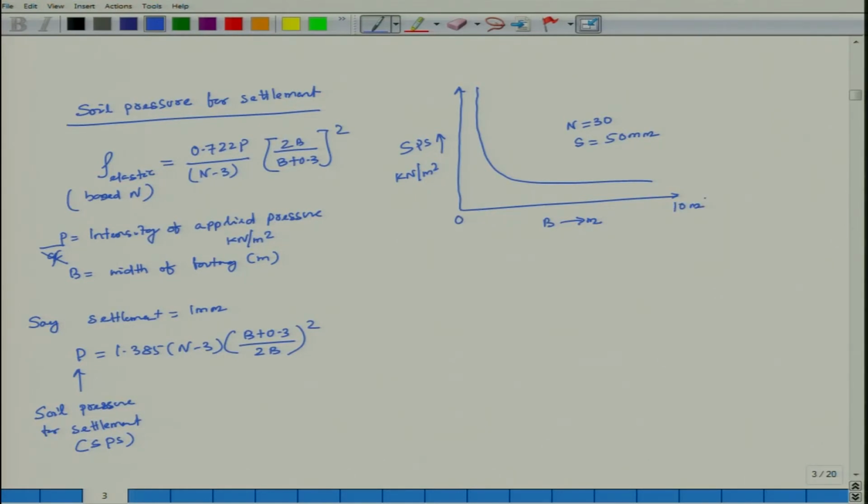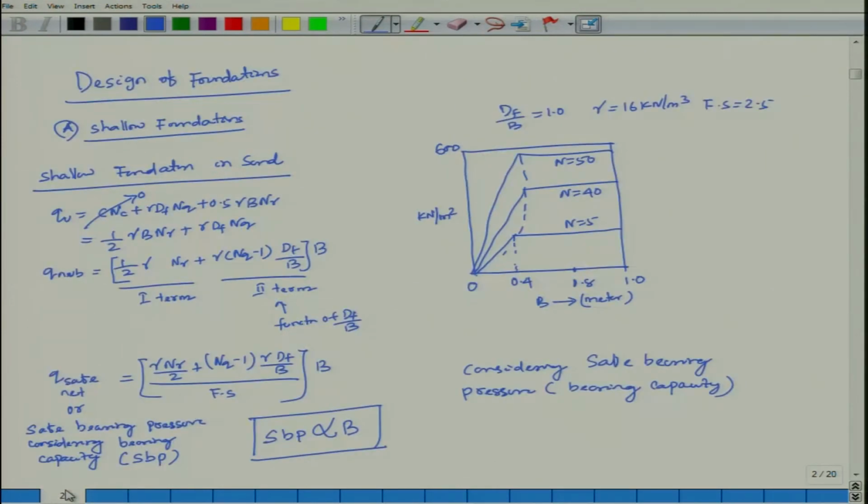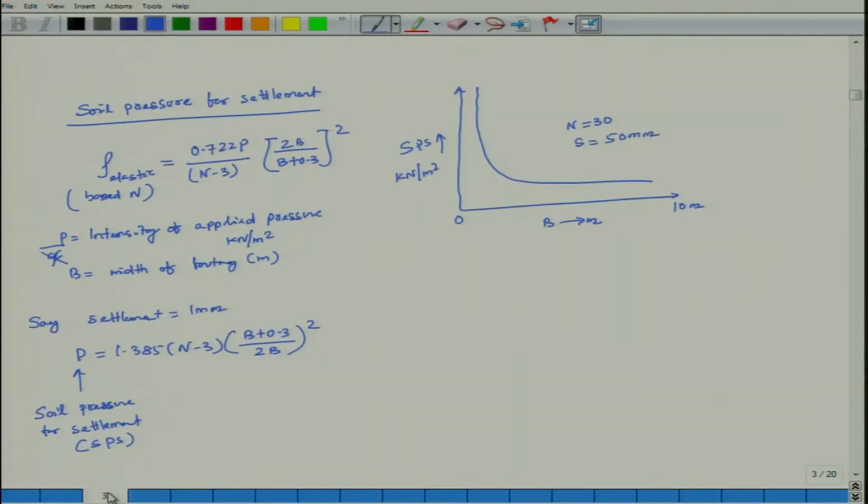So, what conclusion can I draw from this? One is your SBP, soil bearing pressure considering bearing capacity, and one is your soil pressure considering settlement.